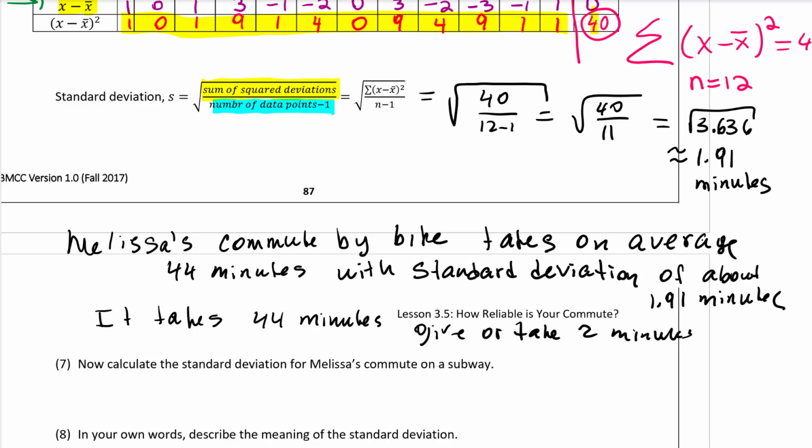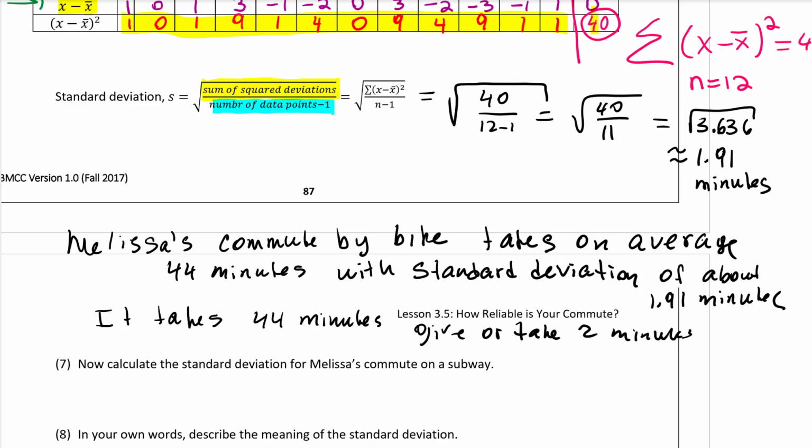Let's say you're biking. You know your data set. You calculated the standard deviation of 2 minutes. That means on a regular day, you wouldn't expect your commute to take more or less than 2 minutes away from 44.